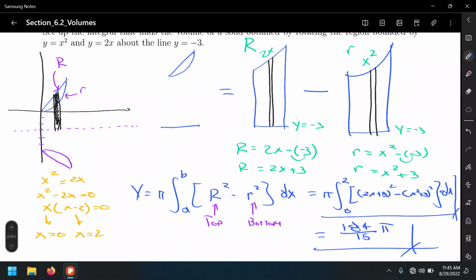So you can see the differences in setting up these integrals. And then we're going to repeat the exercises but with the axis of revolution being vertical lines. But that we're going to do next time.